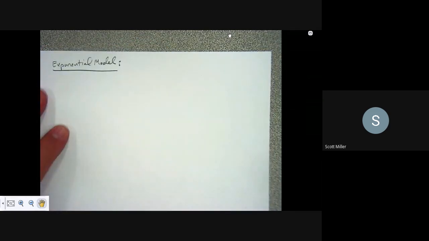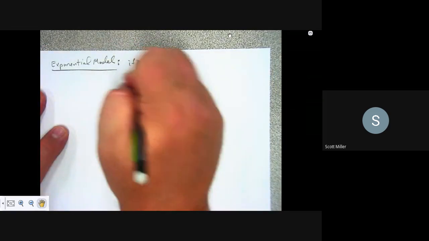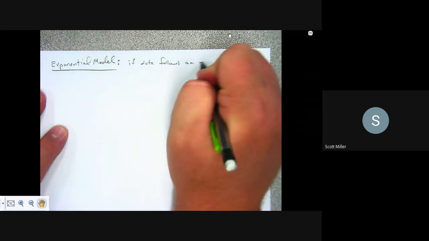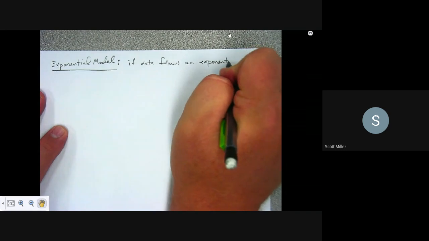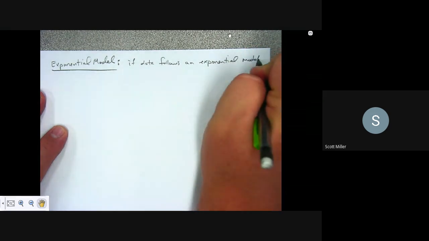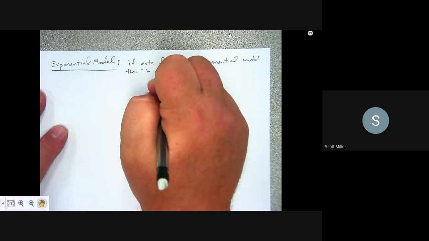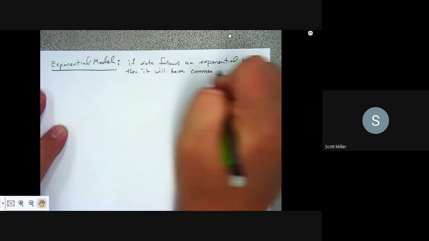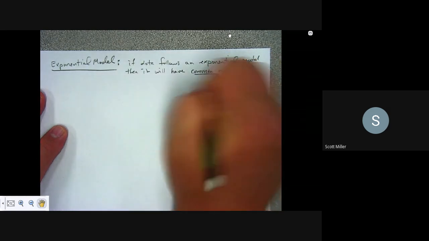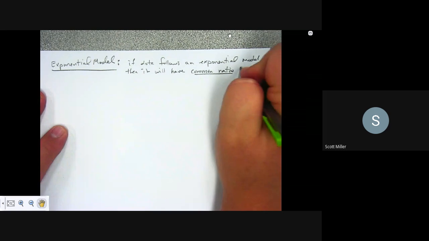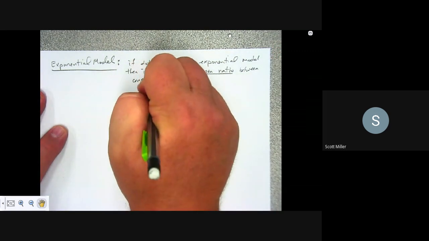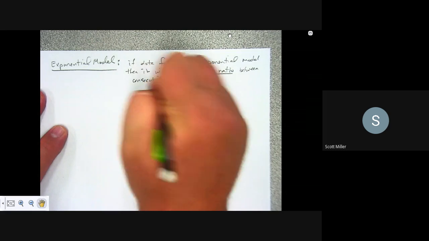And we know that what? If the data follows an exponential model, then it will have what we call a common ratio between consecutive terms.